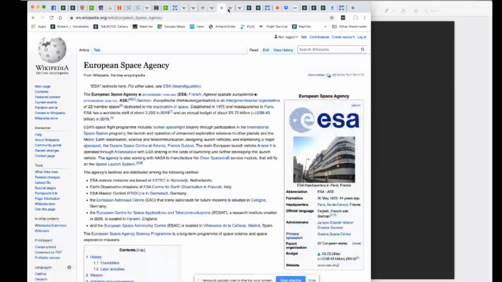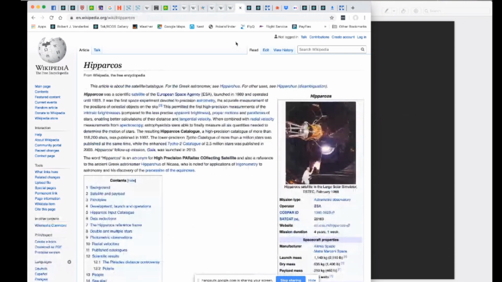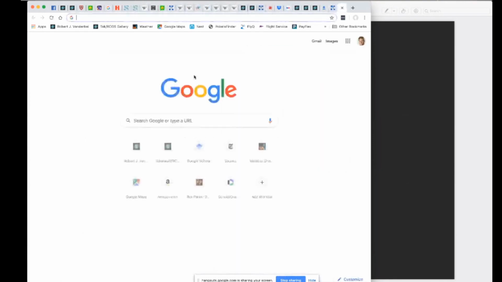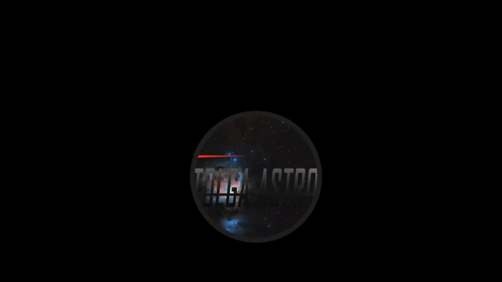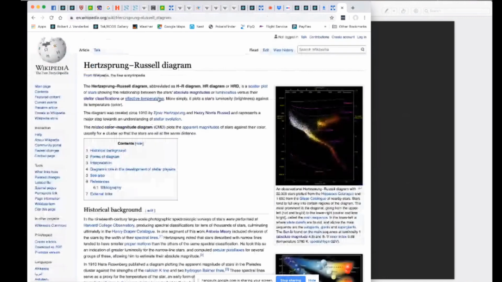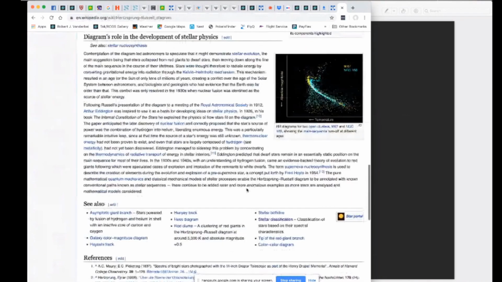I guess I don't have the Wikipedia page for creating, but we could just go HR diagram, Wikipedia. There we go. So, I mean, this isn't explaining the math, but this is explaining in writing what I've said.